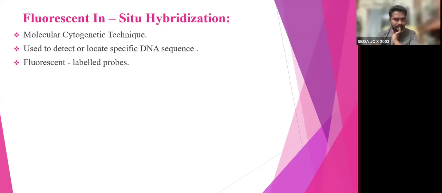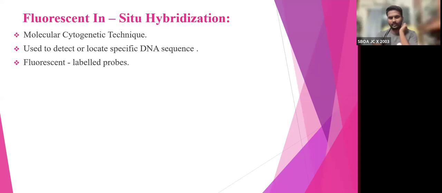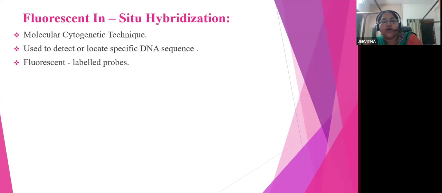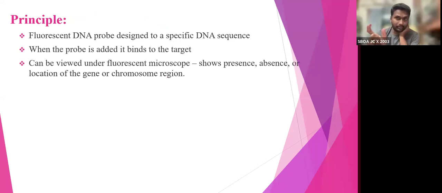Our DNA is basically composed of four components: adenine, guanine, cytosine, and thymine. So when you have to prepare a probe, your target DNA will be within this. What do you mean by probe? Can you define a probe here?